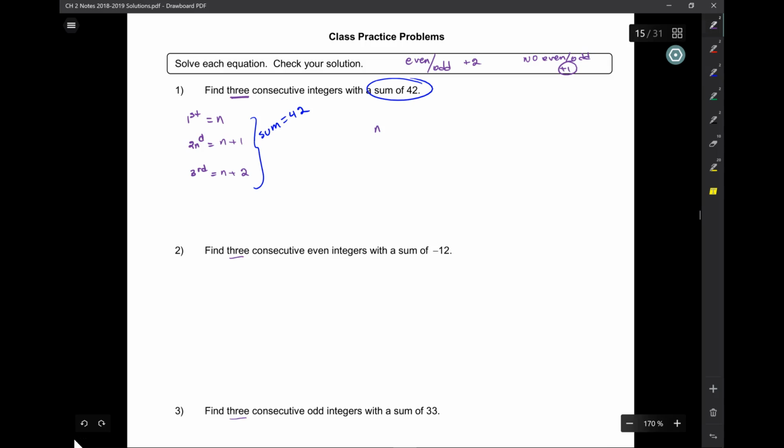Here's the first one, and the second one, and the third one, and they go to 42. How do you combine the n? Combine like terms, so here's how I do it. 1n, 2n, 3n.